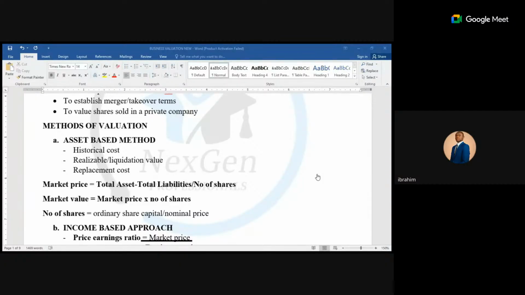Replacement cost. Replacement cost considers the current market price of an asset. But is it good?